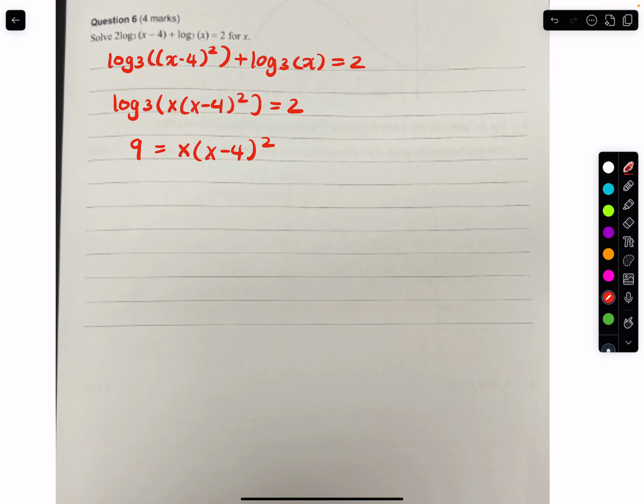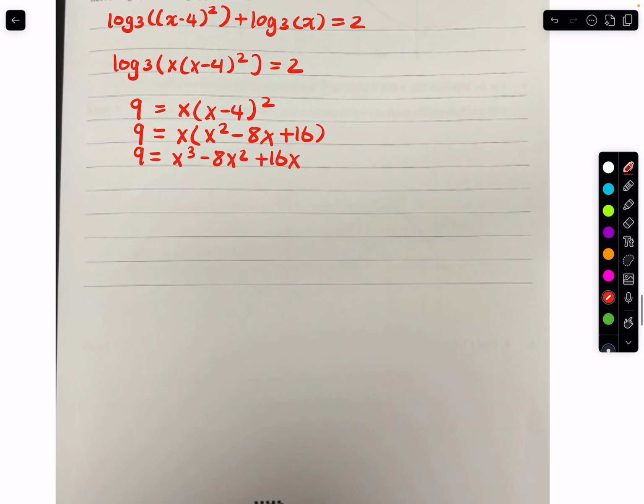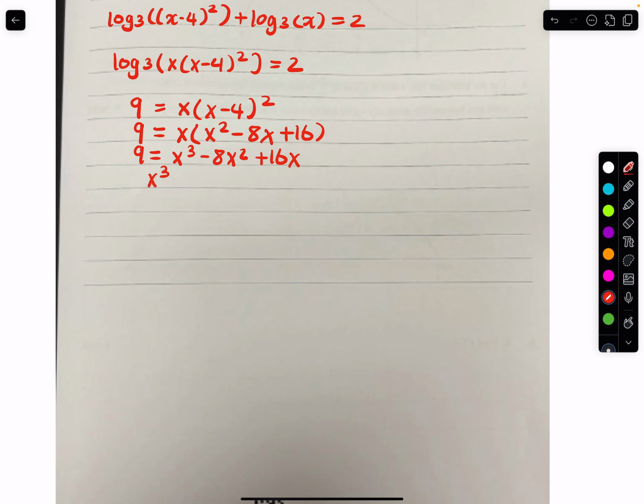Equals x times (x squared minus 8x plus 16). Expanding that out gives me x to the power 3 minus 8x squared plus 16x minus 9 equals 0.